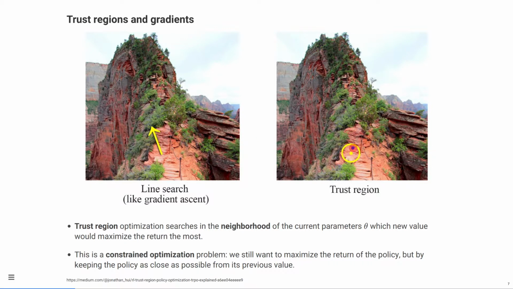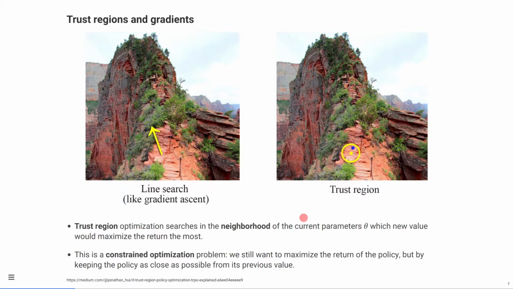Which change would increase the most the objective function? So I'm using, of course, information about the gradient, but I am also limiting the amplitude of my update to a certain region called the trust region, where I know that it's safe to move in this area, because here the curvature is not that big, it's a flat area. So if I stay in this circle, there will be no policy collapse. And I will take that update.